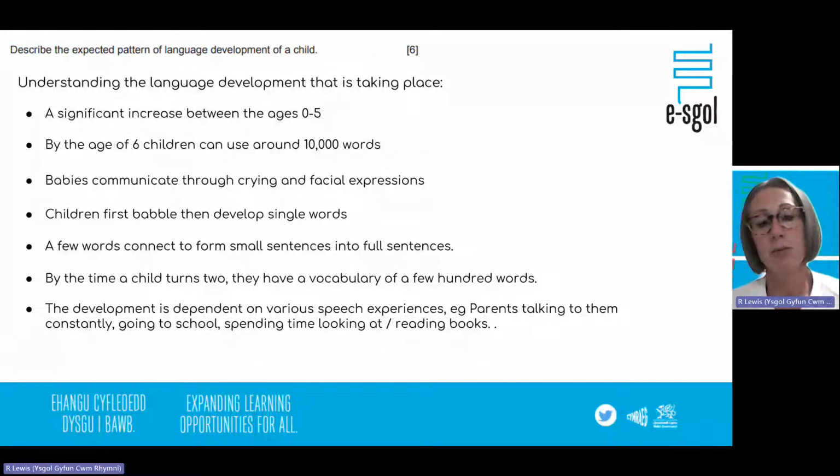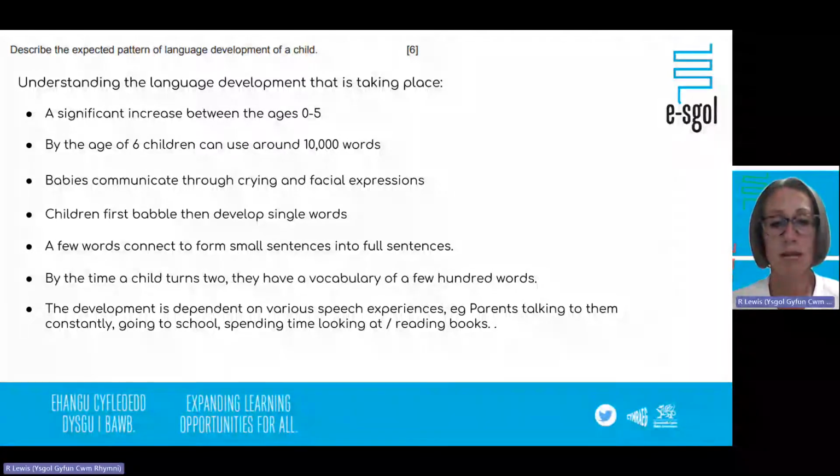Okay, obviously there's a significant increase between 0 and 5. What a 5-year-old can say and converse compared to maybe a 2-year-old, there's an obvious significant increase in their vocabulary and how they go about expressing themselves.